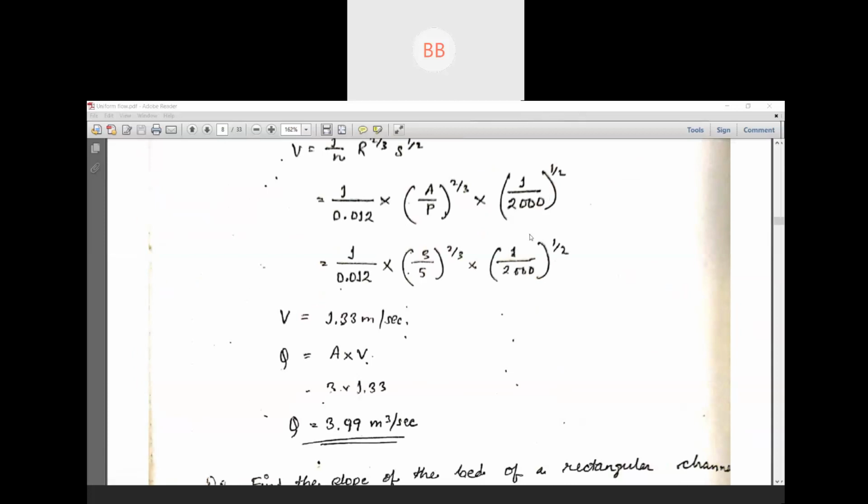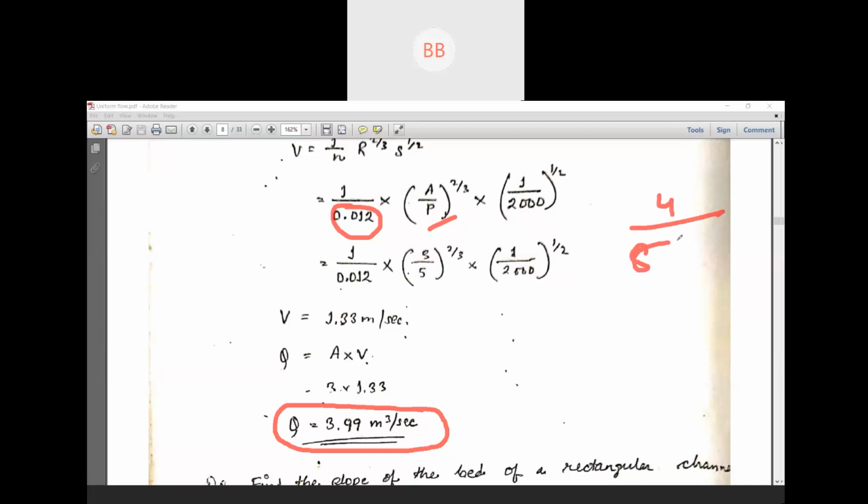Okay, use your calculator and try to find out this result for discharge. So here you see, in Manning's equation, n value is already given. R is A by P and SB equal to 4 by 8000.